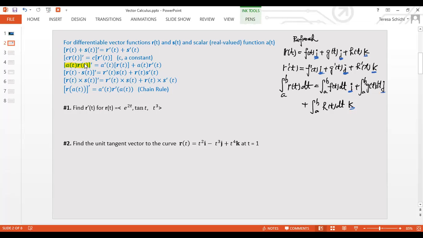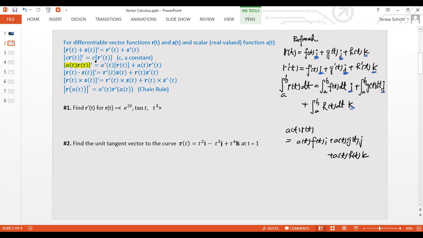Here we have a(t), a real-valued function, times r(t), and then you take the derivative. So for a(t) times r(t), each vector component is multiplied by a(t): a(t)f(t) i, plus a(t)g(t) j, plus a(t)h(t) k.